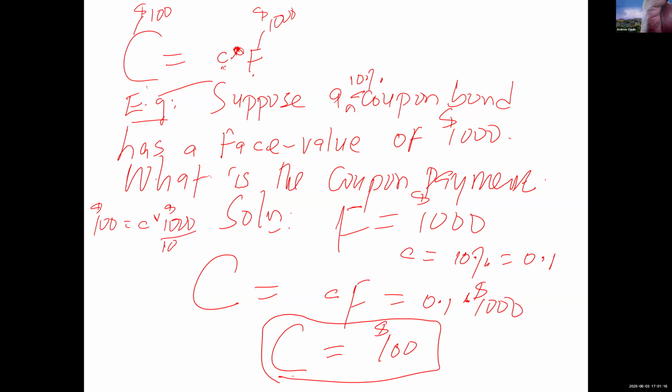Then divide both sides by $1,000. The dollar signs cancel, so 100 divided by 1,000 is 0.1, which is 10%. So that's how we figure out the coupon rate.